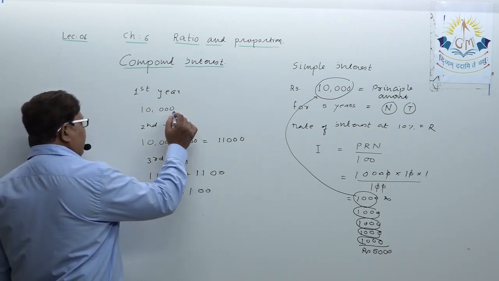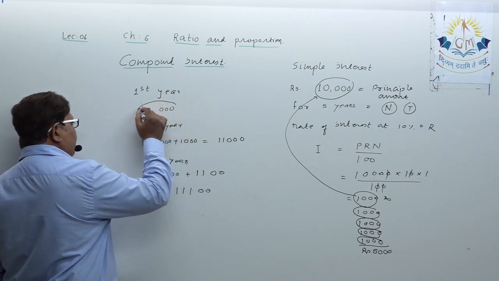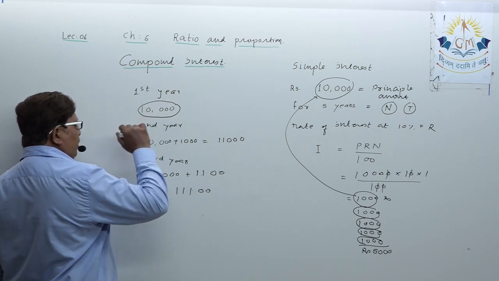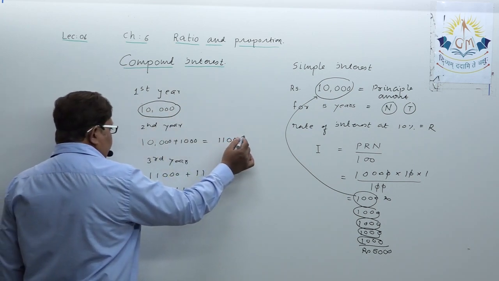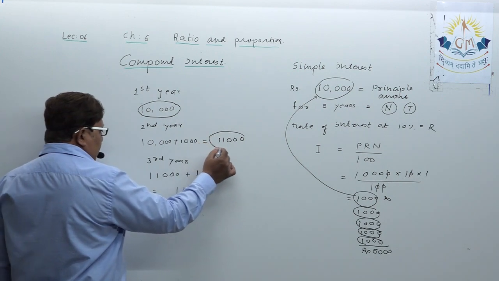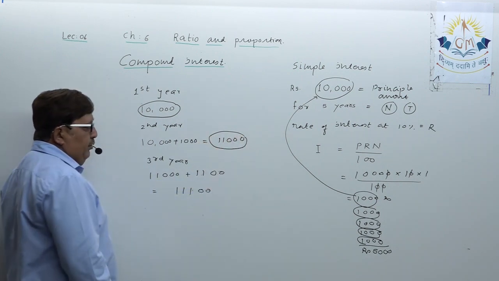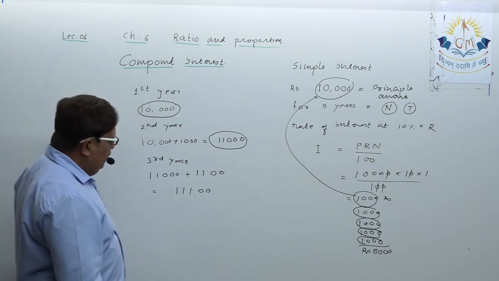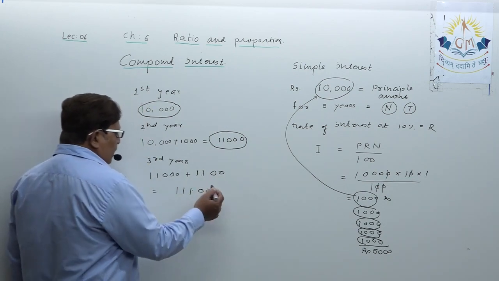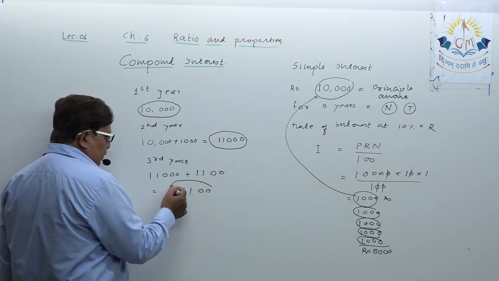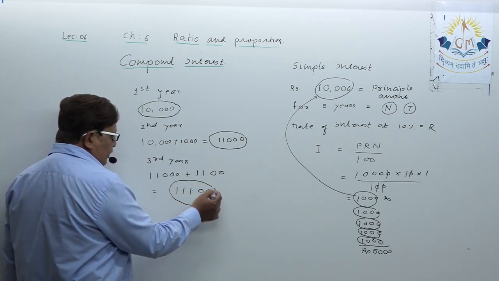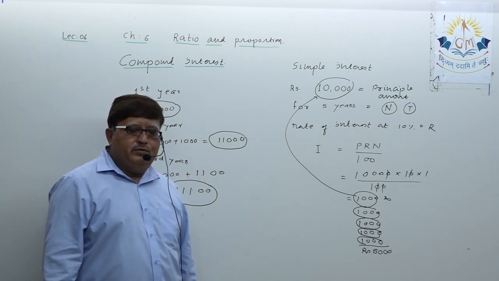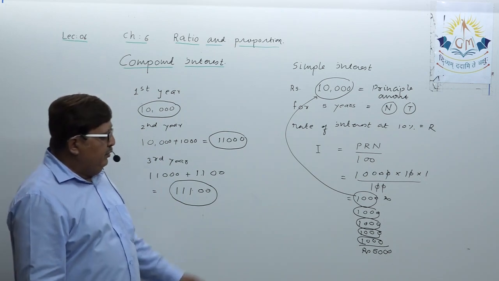So dear student, just to give you an example, first year interest is counted on principal of 10,000. Second year interest is counted on principal of 11,000. Third year interest is counted on 11,100 rupees. So what happened, dear student?